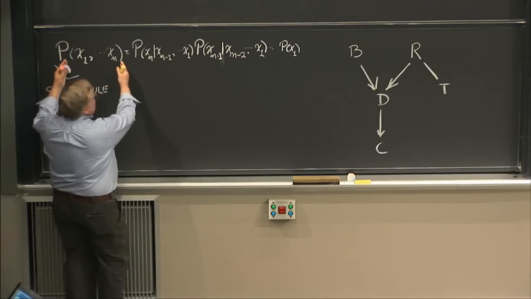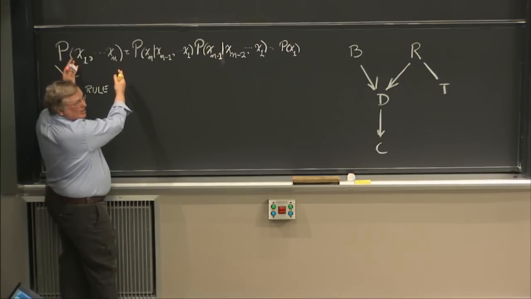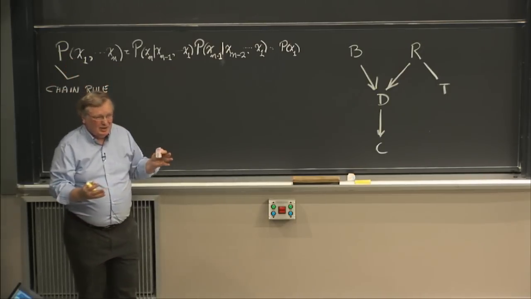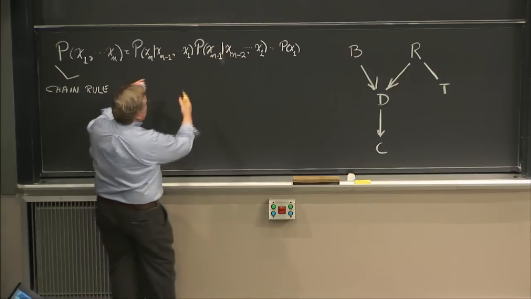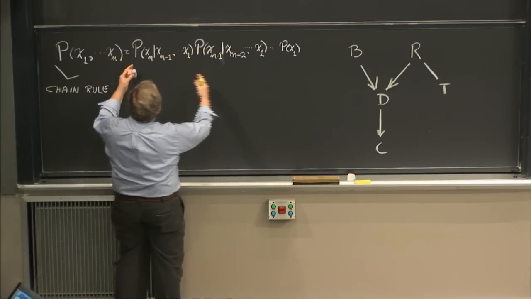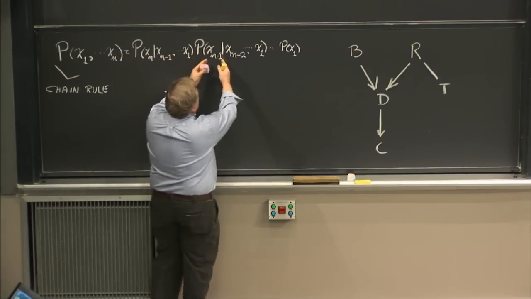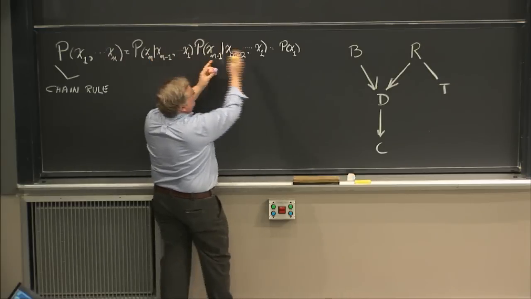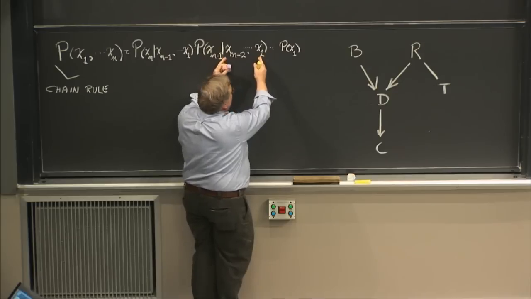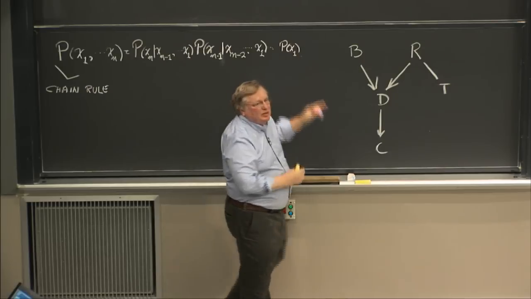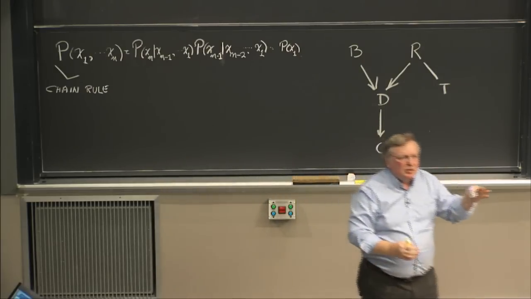It says that the probability of all this stuff happening together is given as the product of a bunch of conditional probabilities. And the conditional probabilities in this product are arranged such that this first guy depends on everybody else. The second guy doesn't depend on the first guy, but depends on everything else. So that list of dependencies gets smaller and smaller as you go down here until it depends only on one thing. There's no conditional at all.